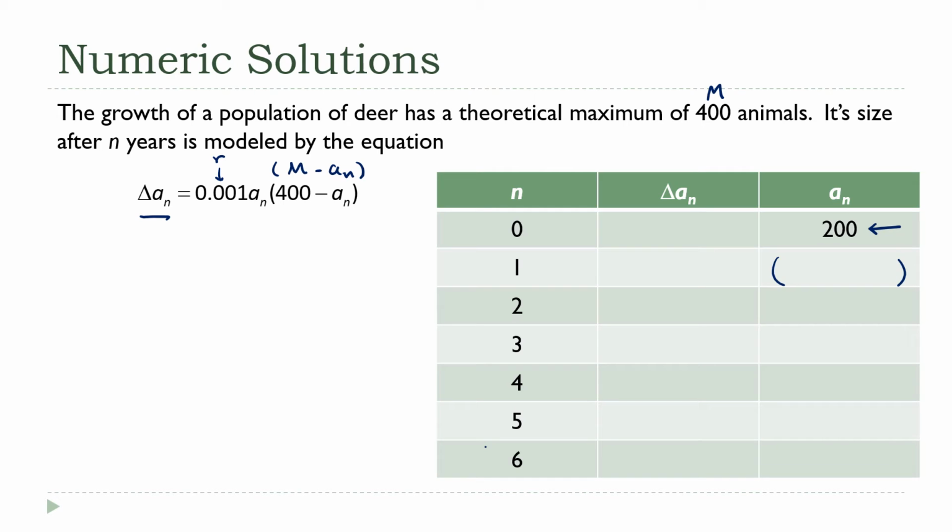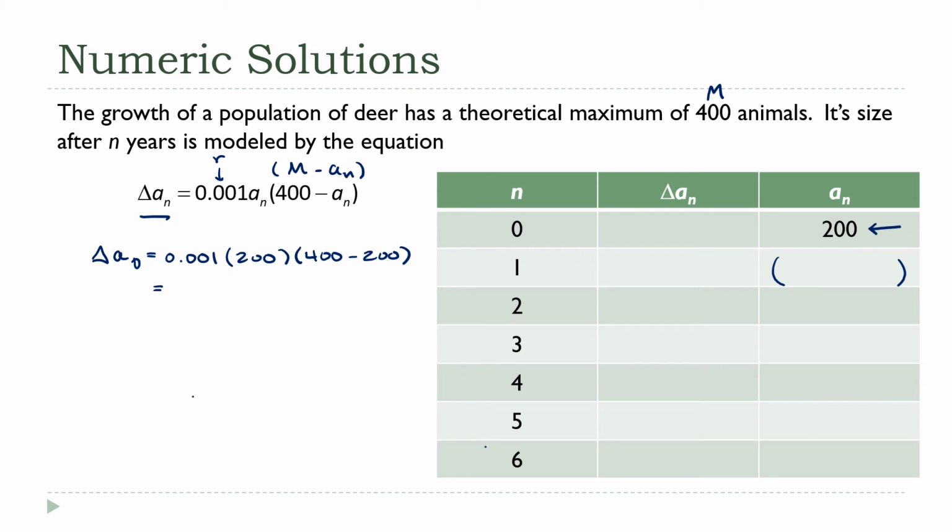My formula says delta A sub 0 is equal to 0.001 times A sub 0, that's 200, times 400 minus 200.